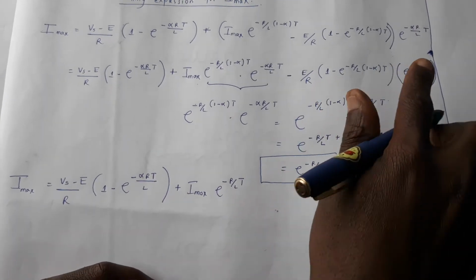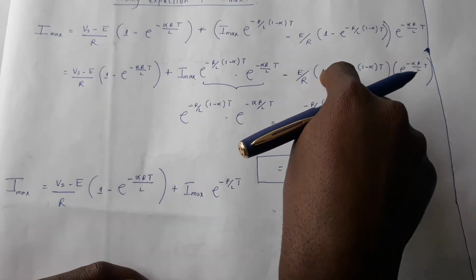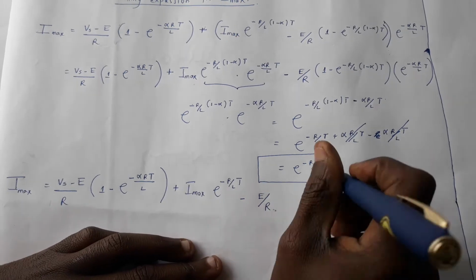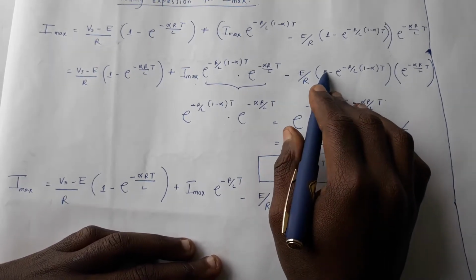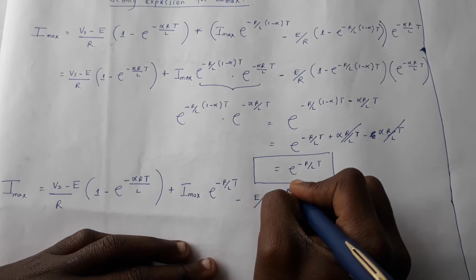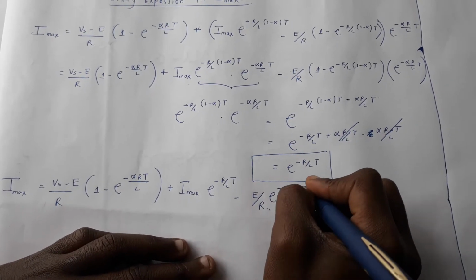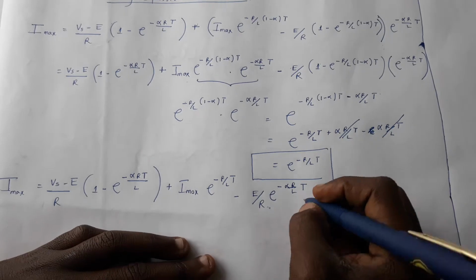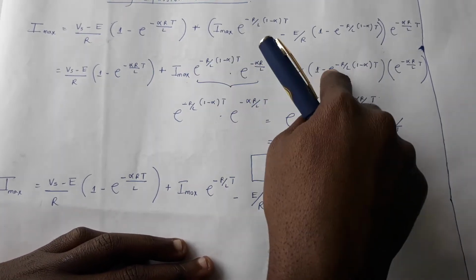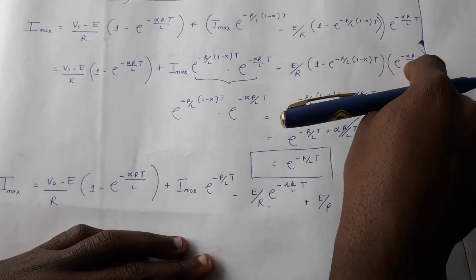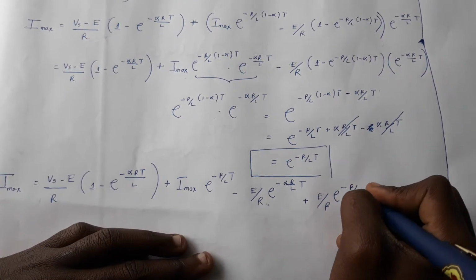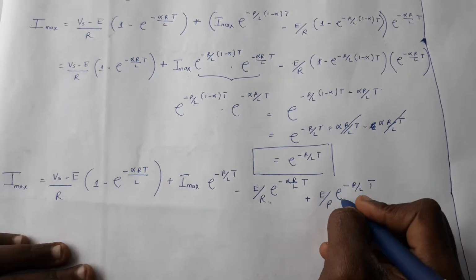Then when you open the brackets, this and this, you are going to get E over R. This times this is minus E over R, then multiply by exponential alpha R over LT. Then now this will be plus E over R, this times this, then you have this multiplied by this, going to get exponential minus R over LT.